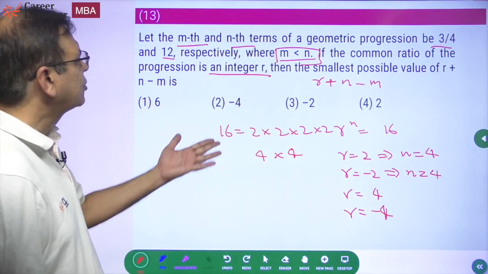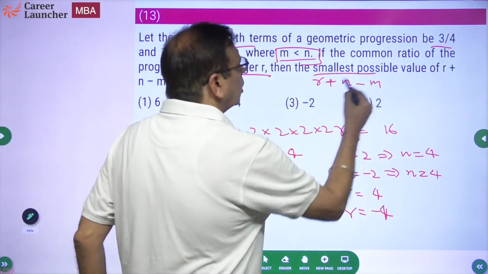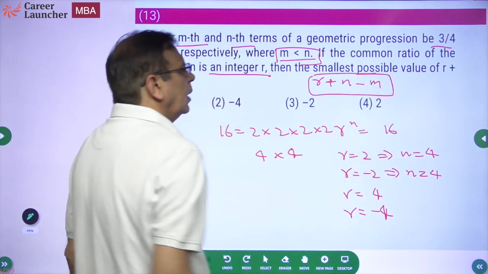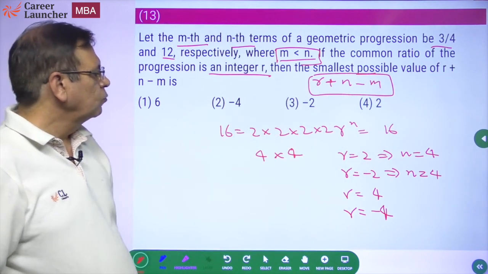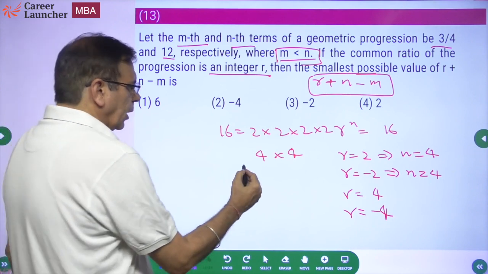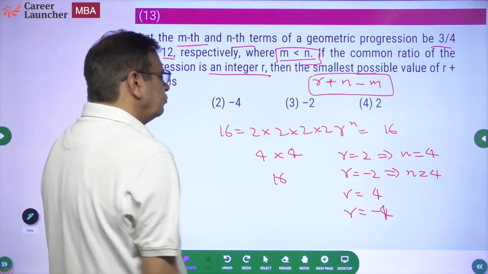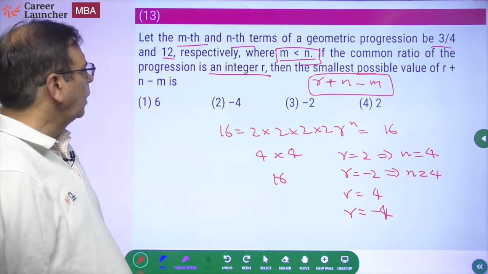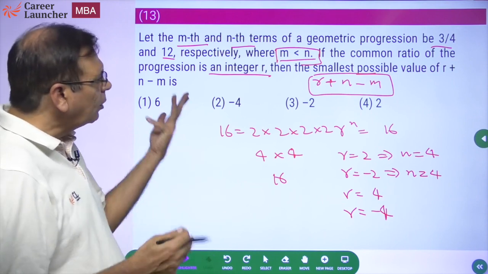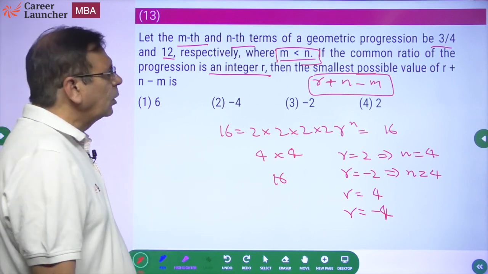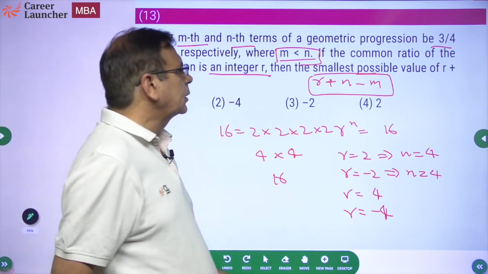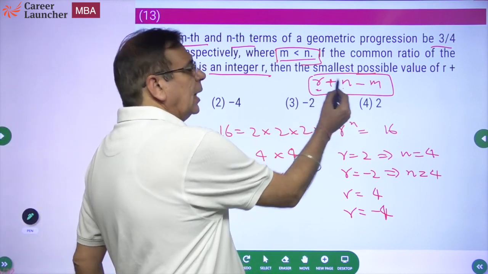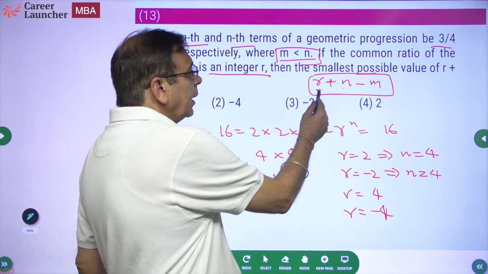What do we want? We want the smallest possible value of this. Also it could be 16, 16 into 1, that can also be. So we want the smallest possible value. If r is small, n becomes big. If r is big, n becomes small.